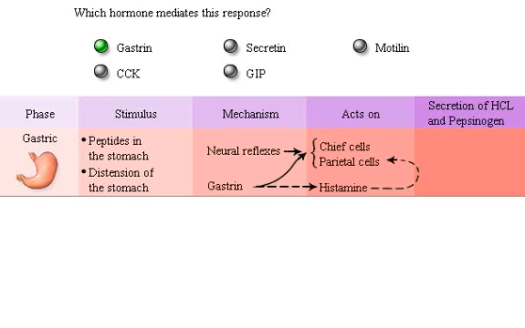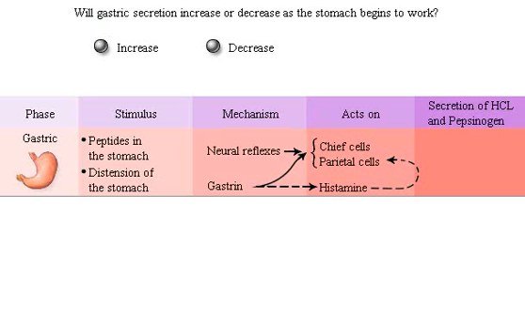Note that we use the term neural reflexes when the neural mechanism is not fully understood, or when both long and short reflexes are involved. Remember that long reflexes to the stomach involve the vagus nerve, and that gastrin stimulates parietal cells both directly and indirectly by causing release of histamine. Will gastric secretion increase or decrease as the stomach begins to work?